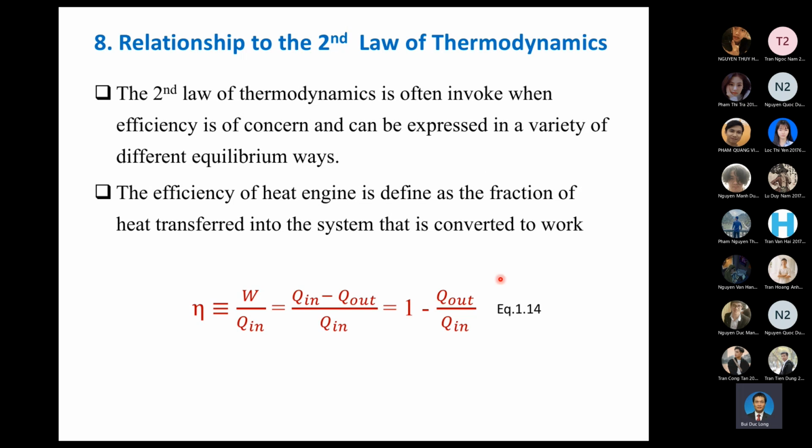The next topic will be the relationship to the second law of thermodynamics. We have the first law and we have the second law. The second law involves the efficiency of the system. The efficiency of a heat engine is defined as the fraction of heat transfer in the system that is converted to work.